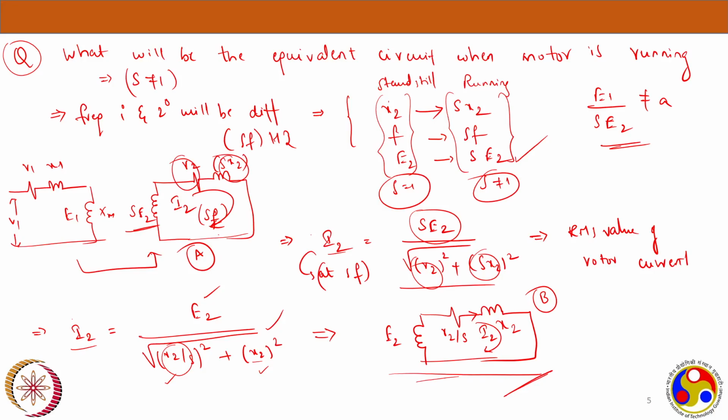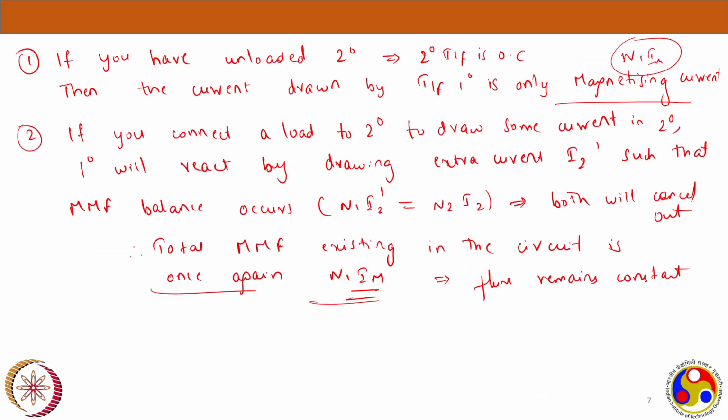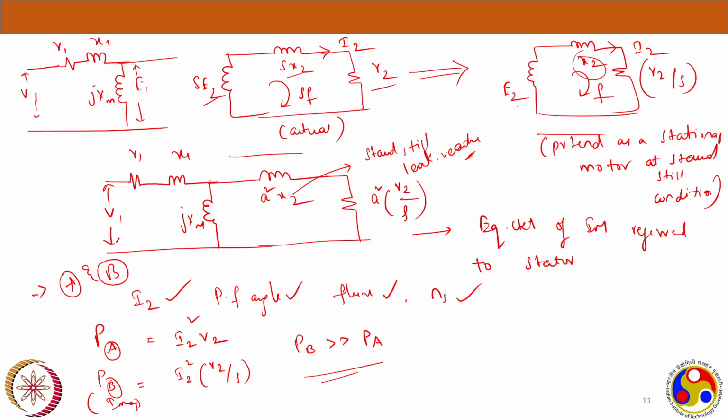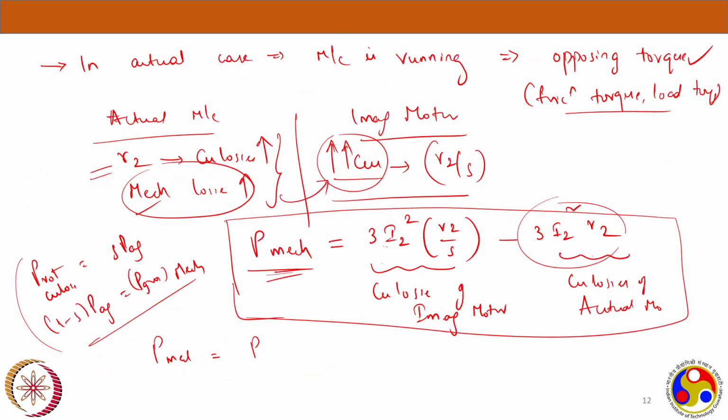With that concept, we arrived at the complete equivalent circuit of the induction machine. Then we discussed how the power is balanced in the form of mechanical power and copper losses in both the imaginary and the actual motor.